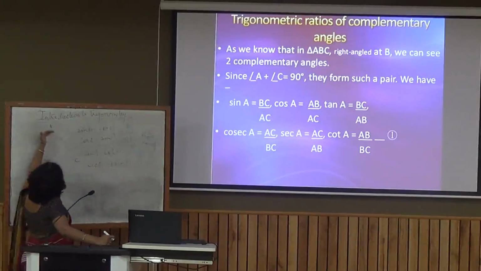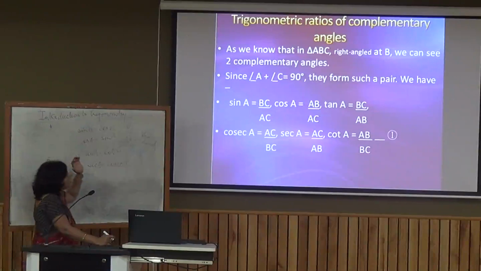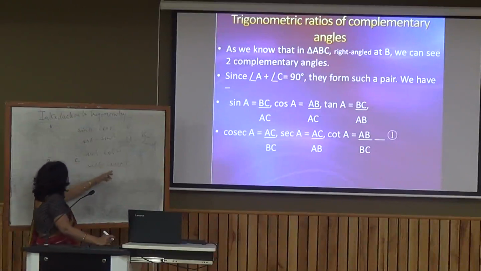Sin A is BC upon AC, and cos C is also BC upon AC. Similarly, tan A is BC upon AB, and cot C is also BC upon AB. Sec A is AC upon AB, and cosec C is also AC upon AB.